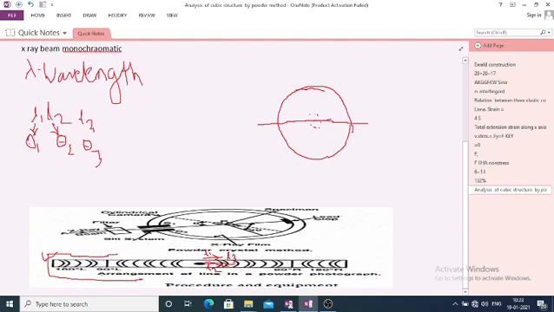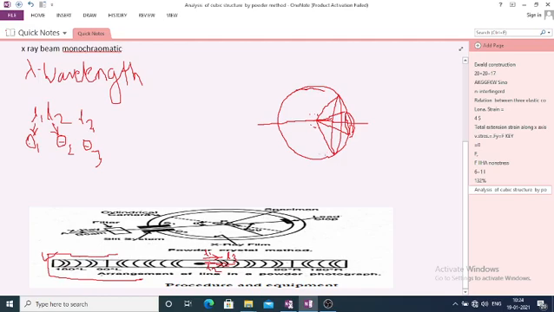Now there is a diffraction ray, and this is the cone. Then we consider another diffraction, so we get another cone.